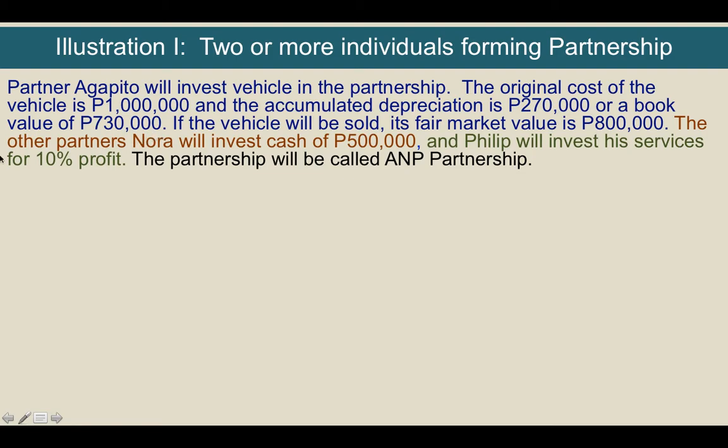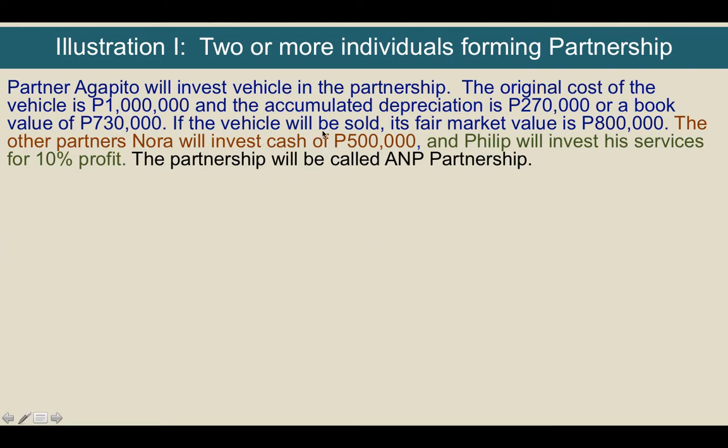As we have learned in our basic accounting, cost minus accumulated depreciation is our book value. So in this case, 1 million minus 270,000, we have a book value of 730,000.